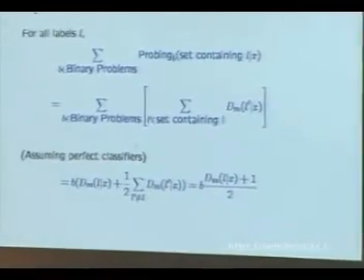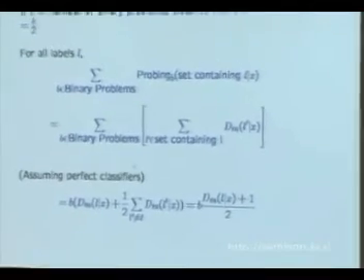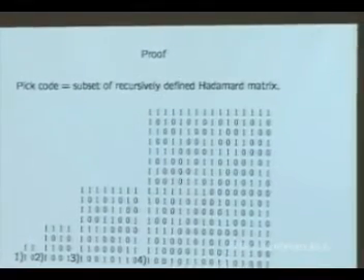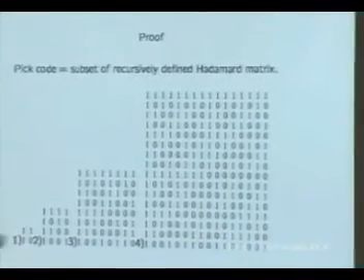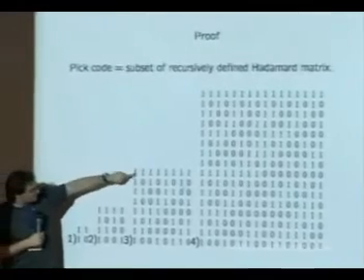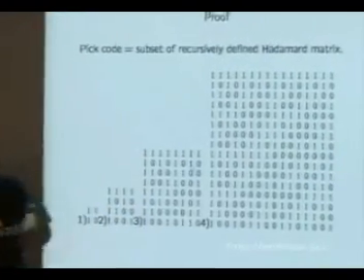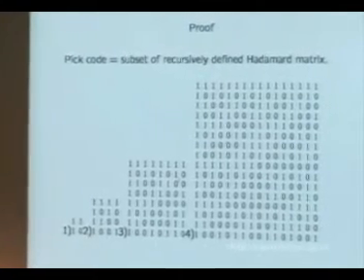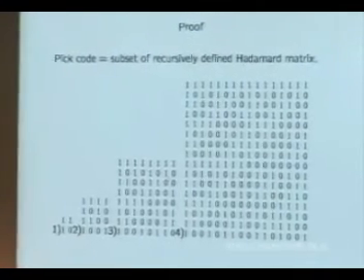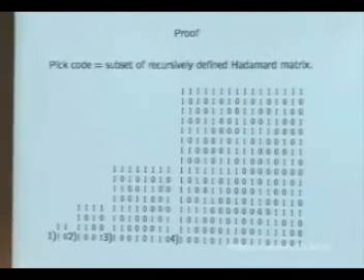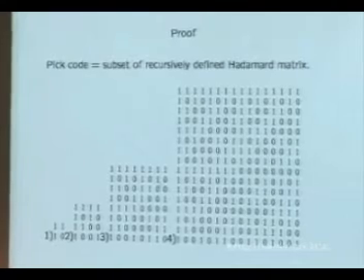So maybe we should go back to the Hadamard matrix. Let's just think about the first label, right? So it turns out that the first label is always in the set. And we'll just think about what's going to happen for the first label. And the claim is everything's kind of symmetric because somehow you can complement everything and it'll work out.